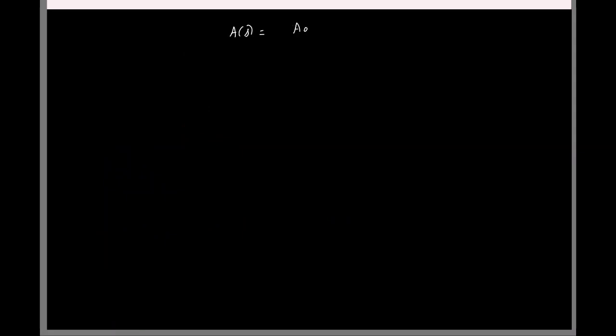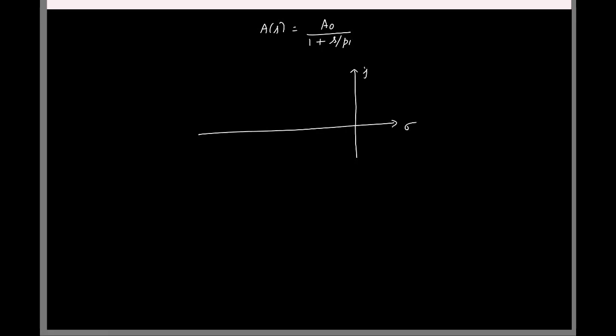So let's start with a simple case. A(s) is the first order case. This is the sigma j omega plane. This is P1. As you know, the closed loop poles start from the open loop pole, which is this, and have to go to the open loop zero.